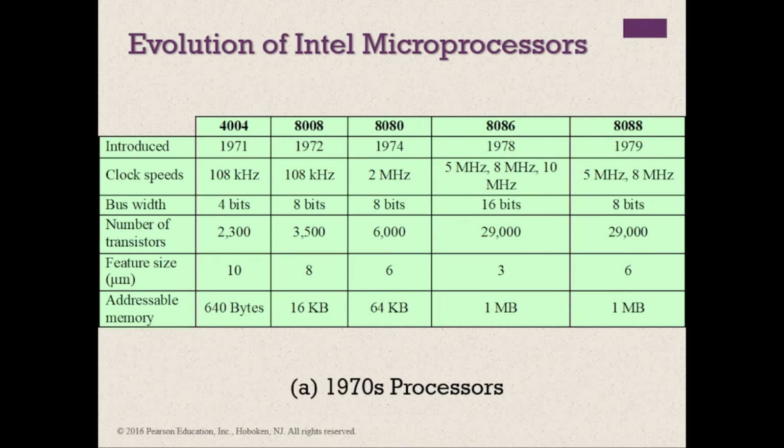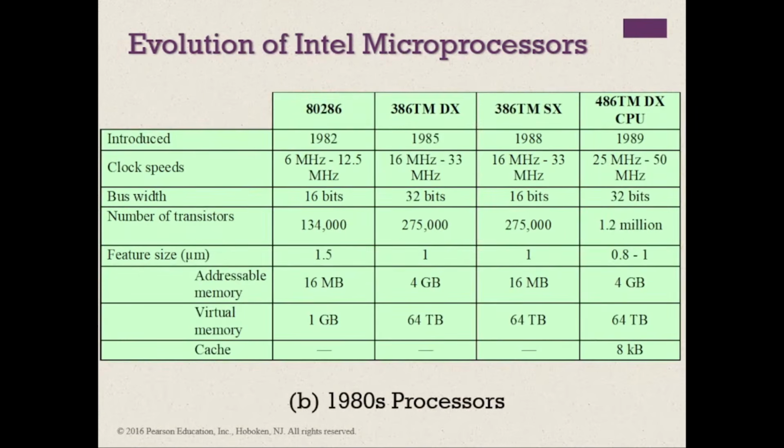We can see this in the next tables. This is the 1970s processors, and next we have the 1980s. For the 1980s, we have the 80286, the 386DX, then the 386SX, and the 486DX CPU. The trend is always that the chips are denser because there are more transistors, and the clock speed is higher.